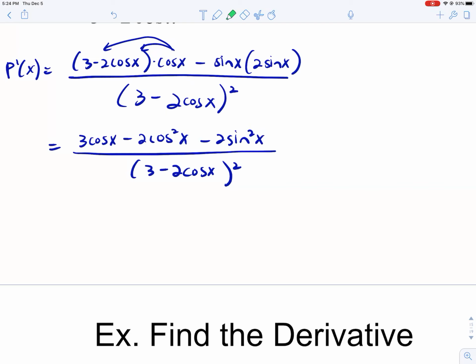And then if we were to factor -2 out here, we'll still have 3 times cosine of x, but let's factor -2 out. So then we would have cosine squared plus sine squared.